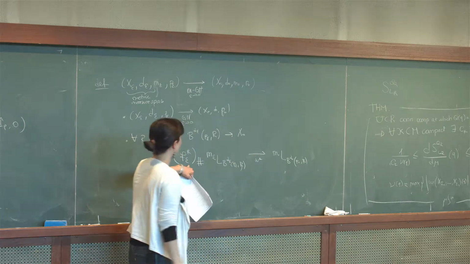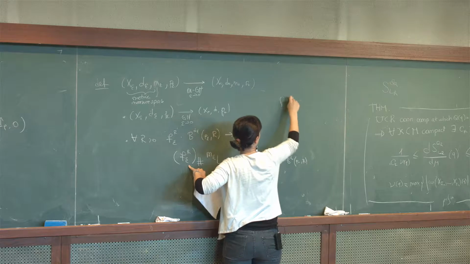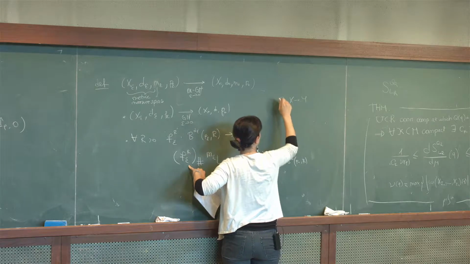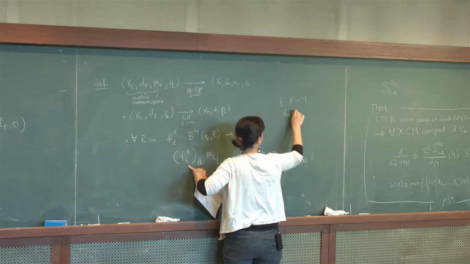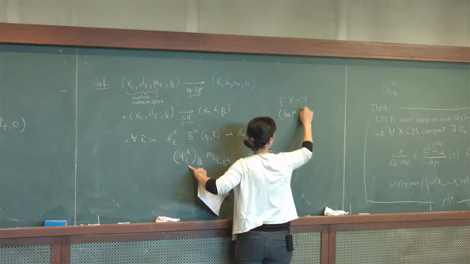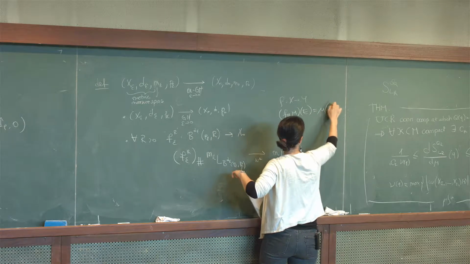Here the notation is that if I have a function f from a metric space to another, and a measure over here, the push forward of a measure is the measure of the preimage.